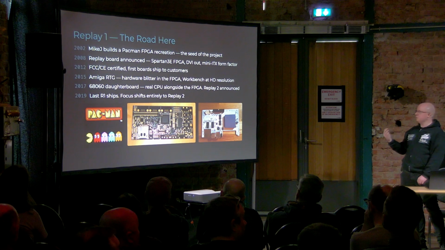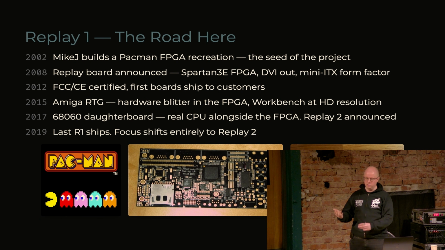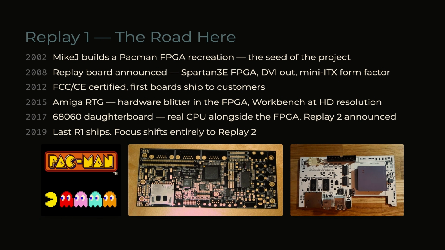And this started the idea that you should do an FPGA board, and that was announced in 2008 with a Spartan 3E FPGA with DVI, and they had a mini ITX form factor. Then in 2012 it was certified.